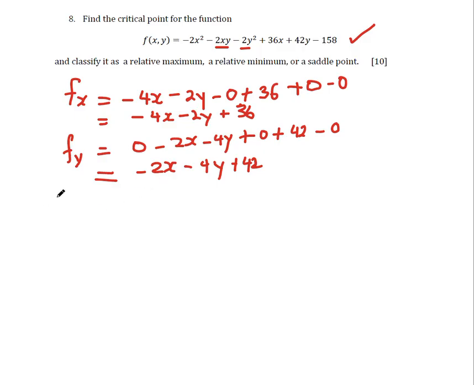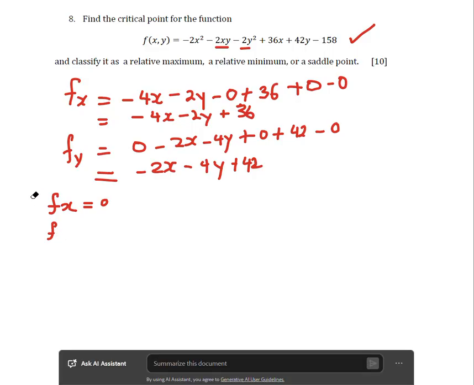Now the next thing we need to do to find the critical points is to set fx equal to 0 and also set fy equal to 0, and then solve for x and y. Okay, so here we go.